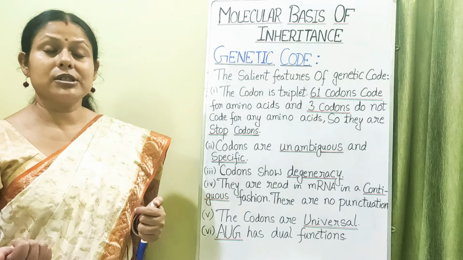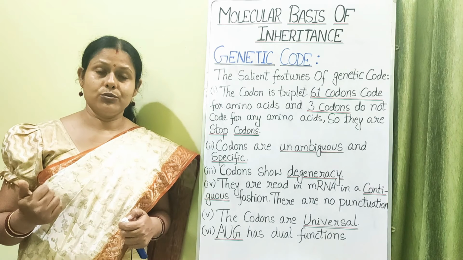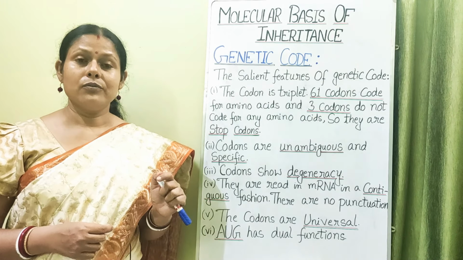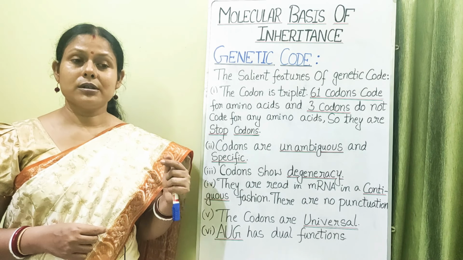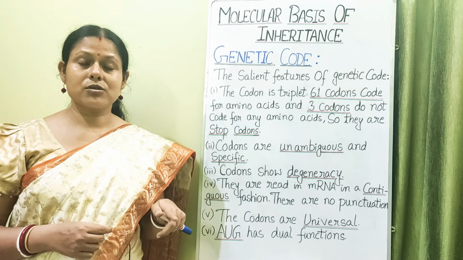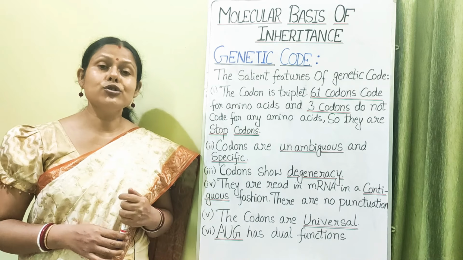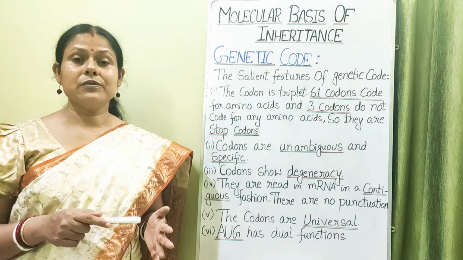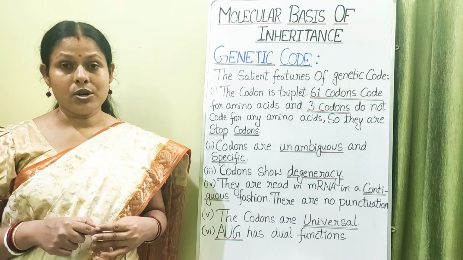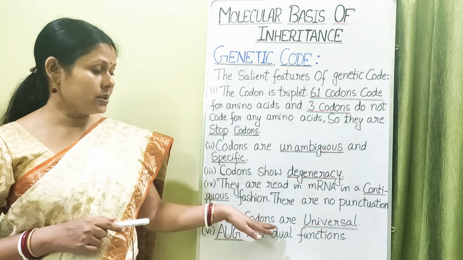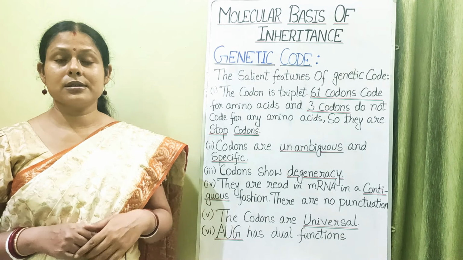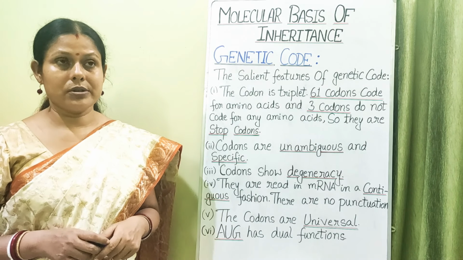For example, the genetic code UUU is responsible for bringing the amino acid called phenylalanine. This UUU will be the same for bacteria, and the same for us also. So that is the meaning of codons being universal. For all the living organisms on this earth, the codons are universal.